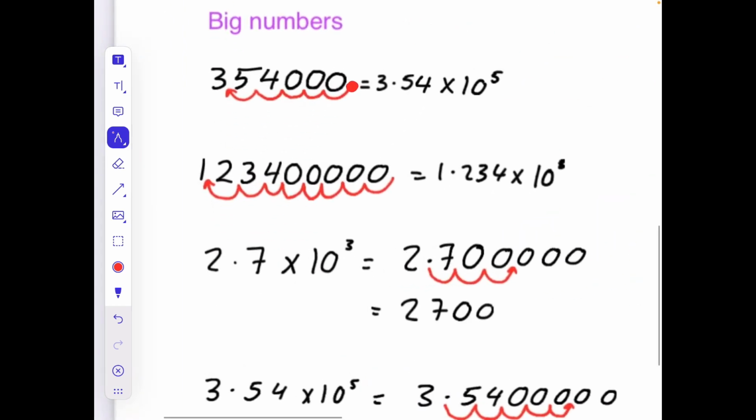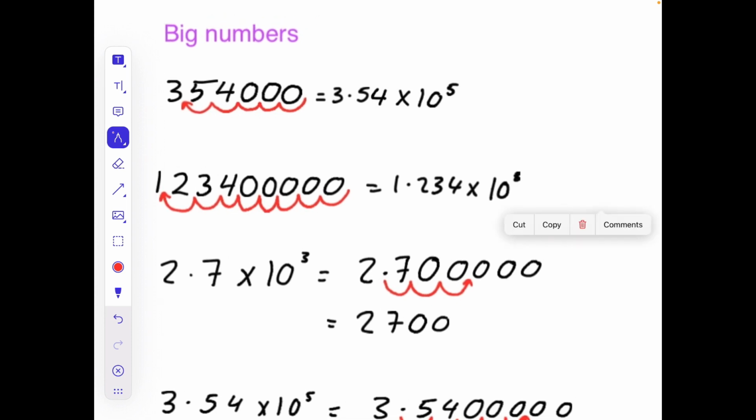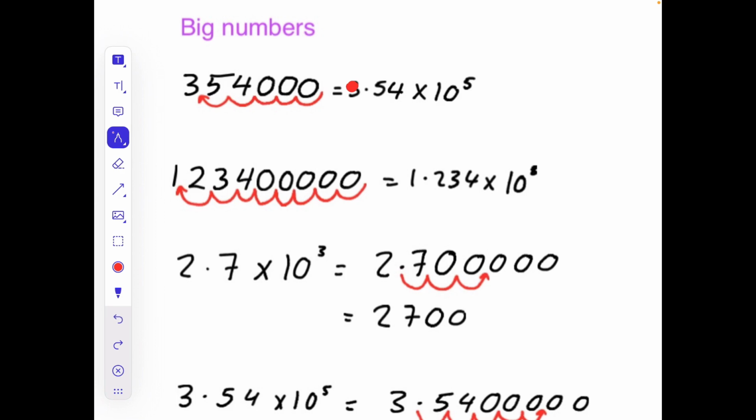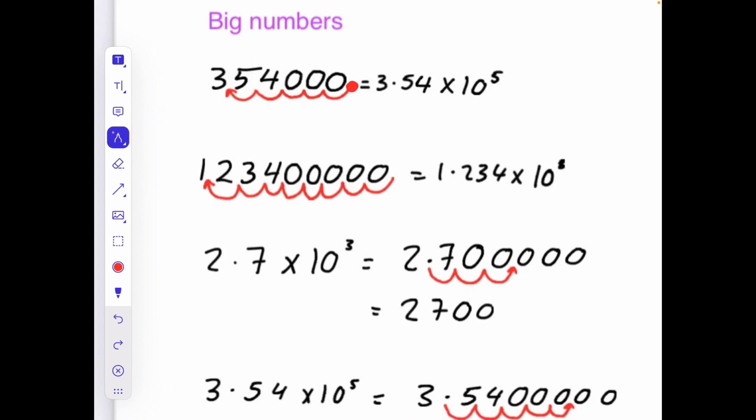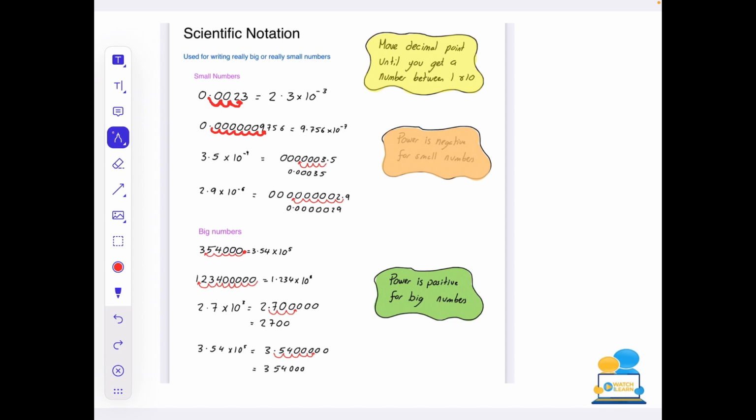Okay, same thing here. So decimal point, pop it at the end, and then move 1, 2, 3, 4, 5, 6, 7, 8 to get the number 1.234 by 10 to the power of 8. Okay, now we're going to just have a look in a second at how that can be asked, but that is the basics to it.